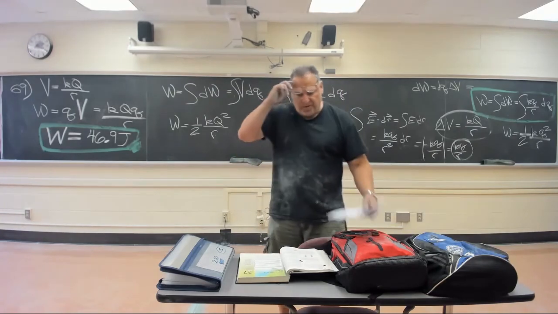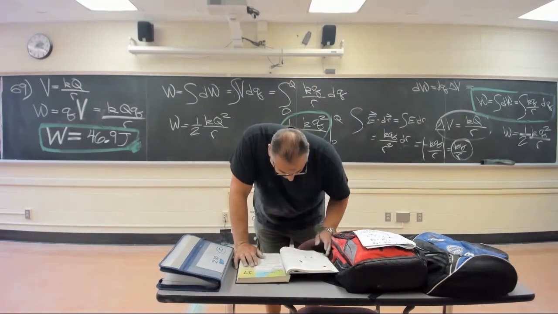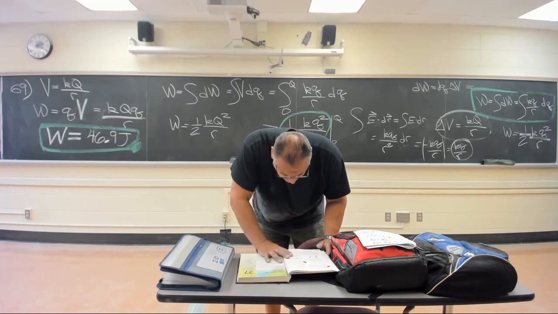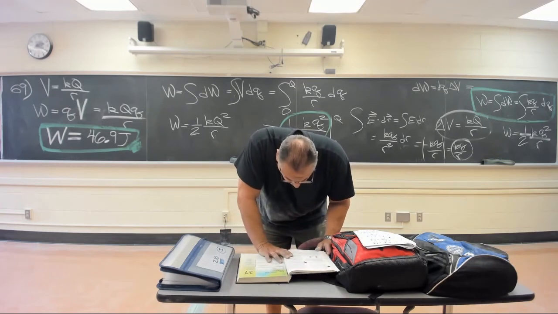Problem number 78 is pretty fascinating also, I think. An infinite number of charges, each Q being 2 microcoulombs, are placed along the x-axis at x equals 1 meter, x equals 2 meters, x equals 4 meters, x equals 8 meters, and so on, as shown in the figure.